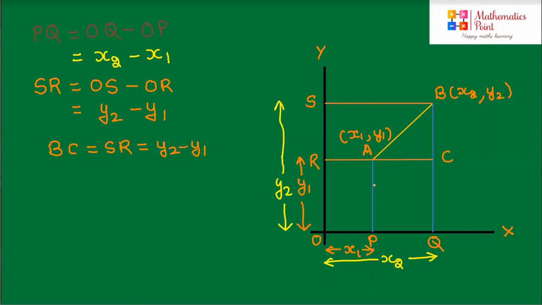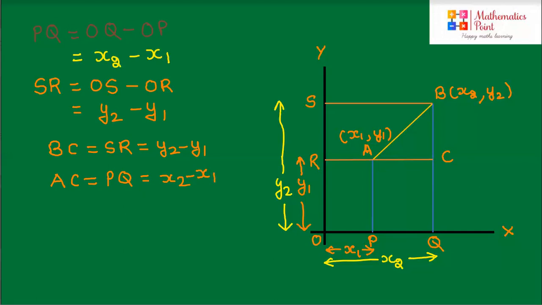Similarly, AP and BQ are also parallel to each other. So that means the distance AC will be the same as the distance PQ, which is nothing but x2 minus x1.